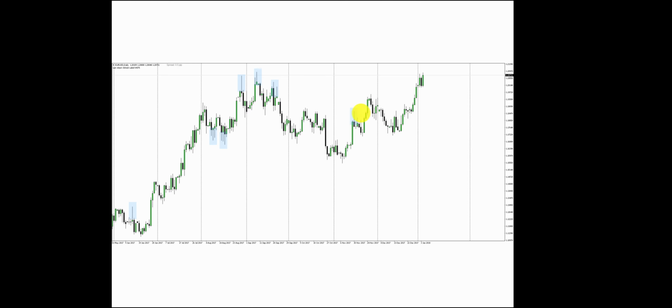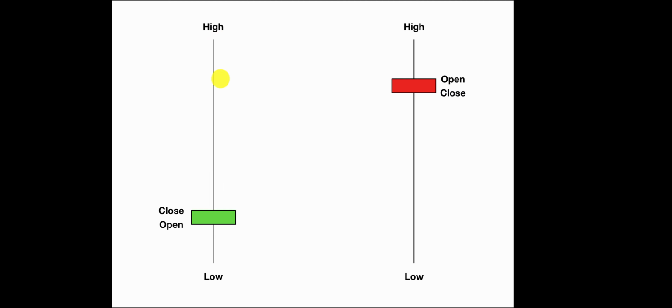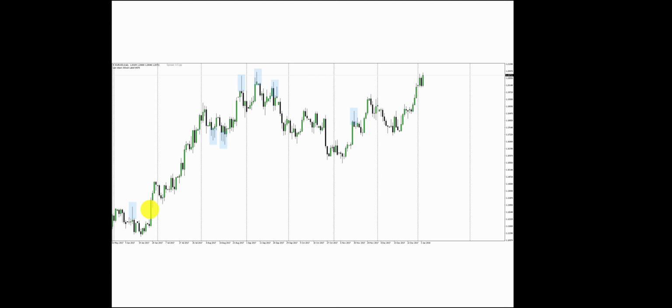Now, let me just show you something. This is a daily chart of the Euro USD, and as you can see, I've marked out some of these candles that we were looking at previously. Okay, so just to give you an idea, this one and this one. Okay, so let's go back, and you can see tails, tails, tails, tails. Now, let's just focus our attention on this one here.